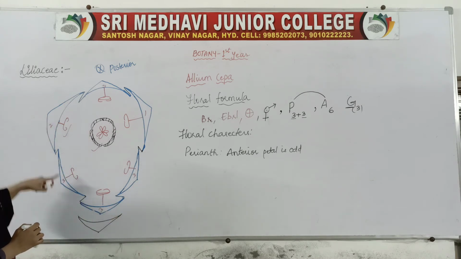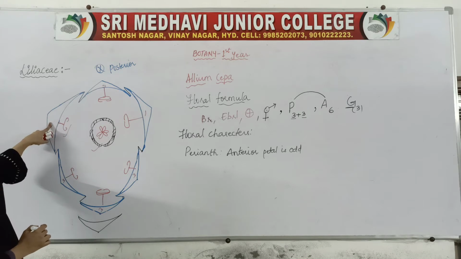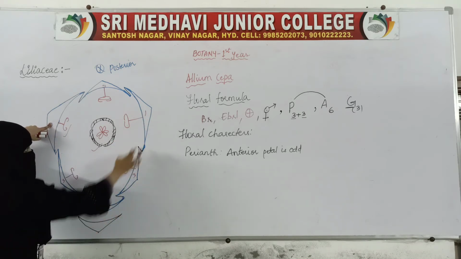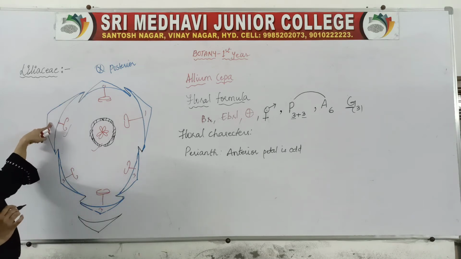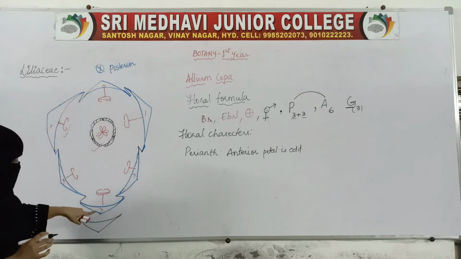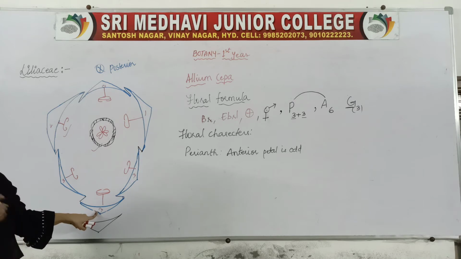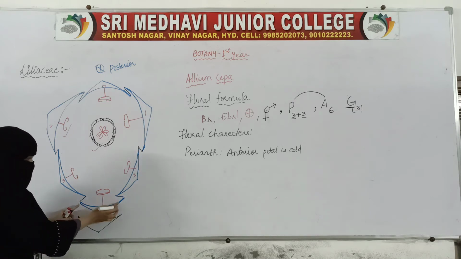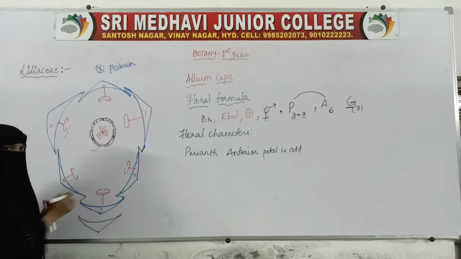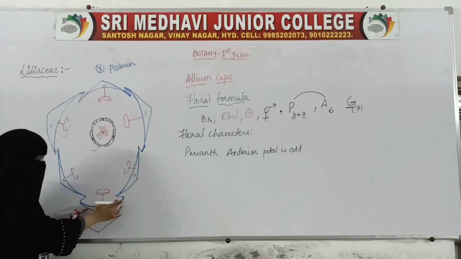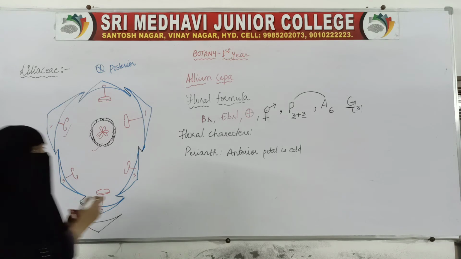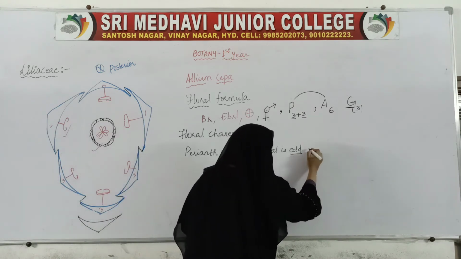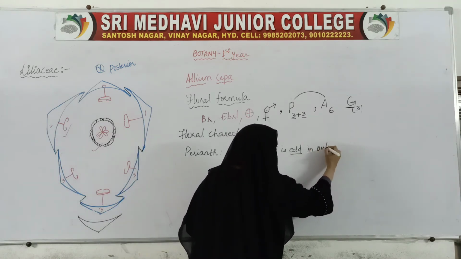This is 1, 2 and 3, this is the outer row, and this 1, 2 and 3 is the inner row. In the outer row, this one anterior tepal is odd. That is, it is not overlapped by any other. So here anterior tepal is odd in the outer row.